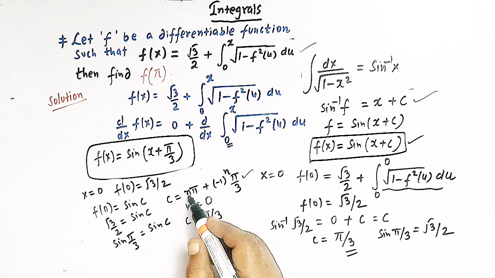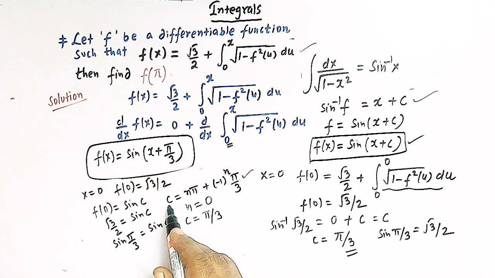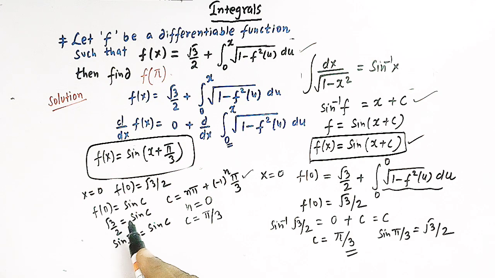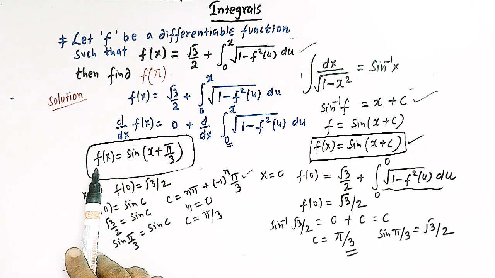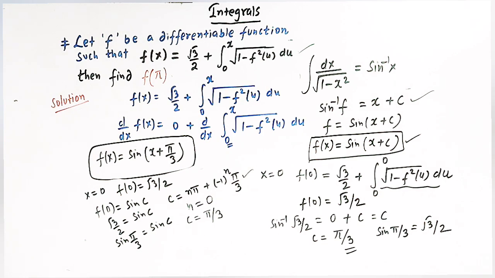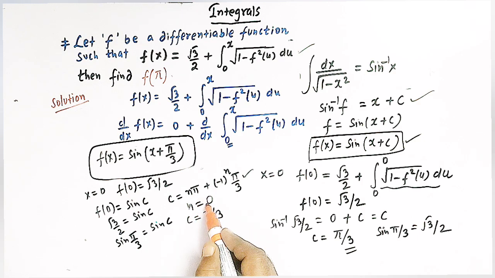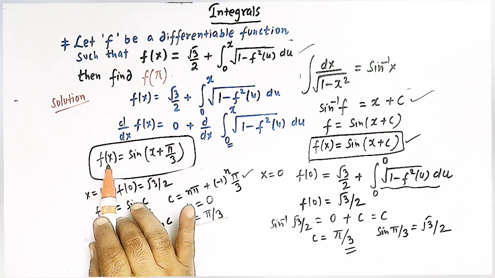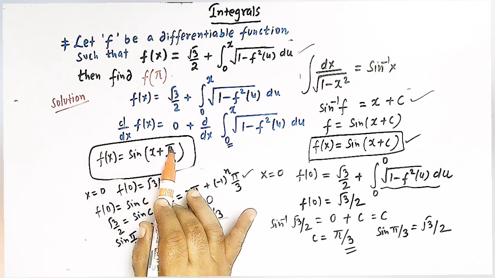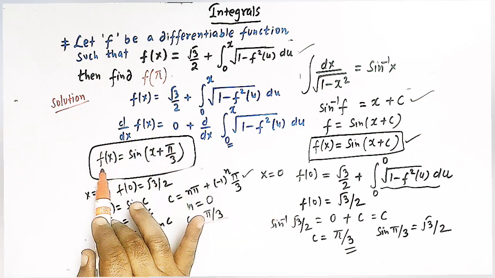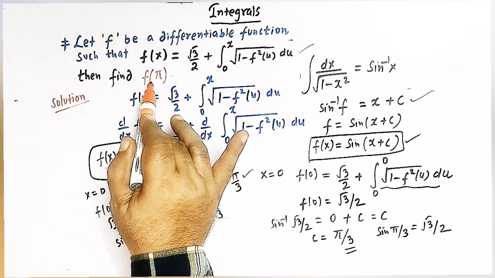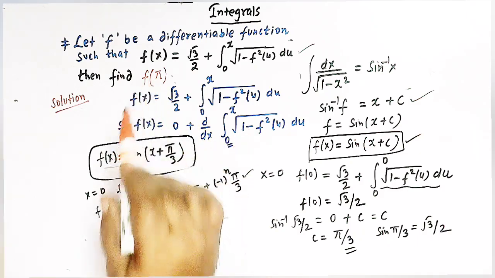Right, so assigning different values to n, we can obtain different values of this constant of integration c, and accordingly the form of the function f of x can be taken. So in the present case, we have just taken n is equal to 0, and corresponding to n is equal to 0, we have c is equal to pi by 3, and our function is given by f of x is equal to sine of x plus pi by 3. So accordingly, using this relation, we have calculated the value of f of pi.